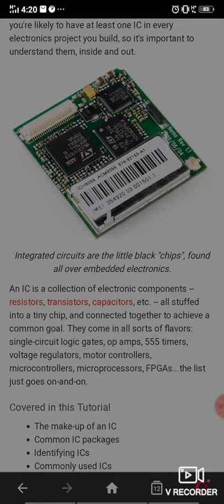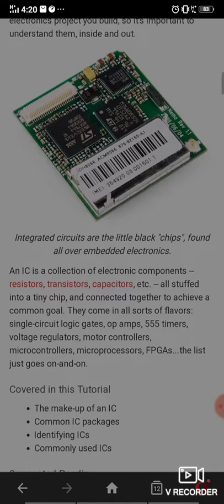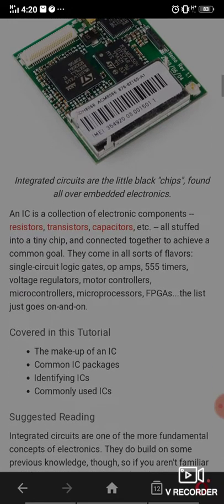They come in all sorts of flavors: single circuits, logic gates, op-amps, 555 timer, voltage regulator, motor controller, microcontroller, microprocessor. In this tutorial we will cover the make of an IC, common IC packages, identifying ICs, and commonly used ICs.